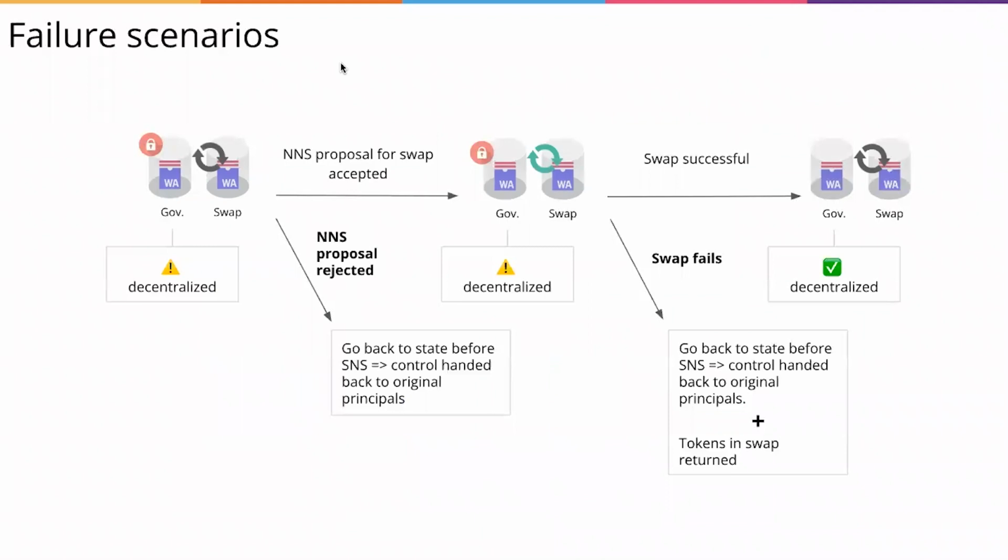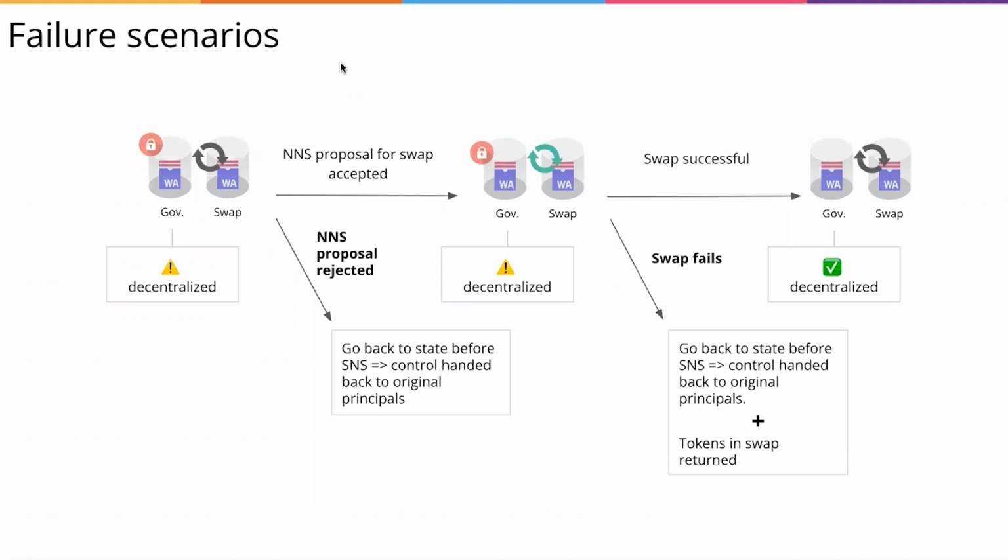Just want to run through a few failure scenarios. There are some points along this flow where some decisions are made. The first point is, after you've initialized the SNS, there is an NNS proposal, and that could be rejected. So if that's rejected, what happens?